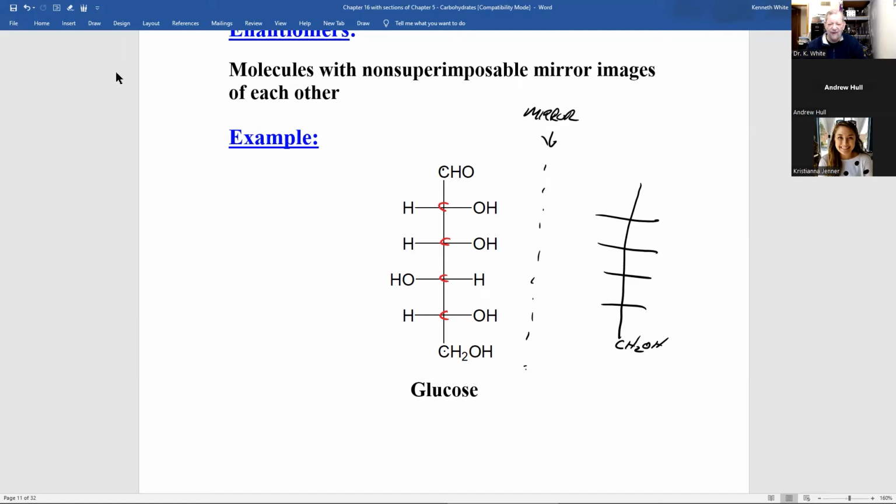And this carbon right up here, remember, this is identical to this. It's an aldehyde. And that carbonyl carbon can't be chiral because it's double bonded to oxygen. So you don't have to write the mirror image. You can, but you don't.